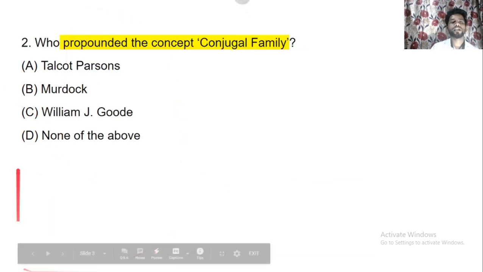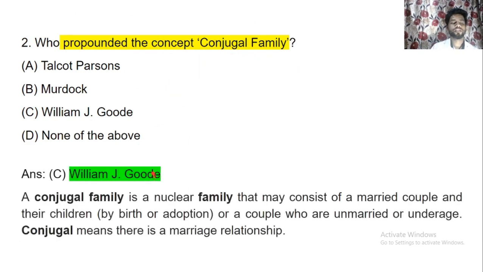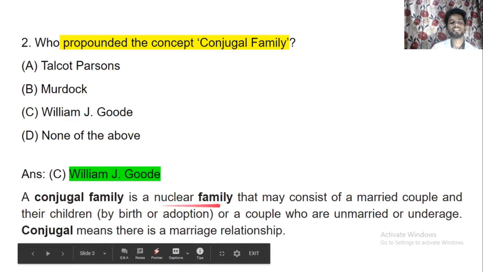Who propounded the concept conjugal family? The conjugal family was propounded by William J. Goode. A conjugal family is normally a nuclear family that may consist of a married couple and their children, either by birth or by adoption, or a couple who are unmarried or underage.